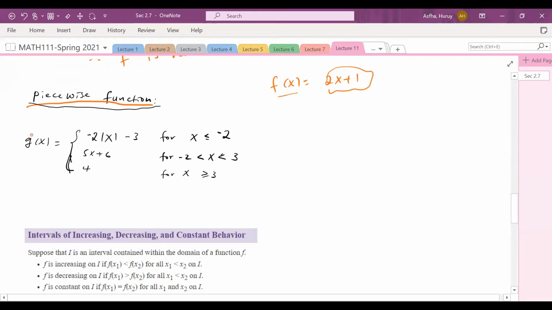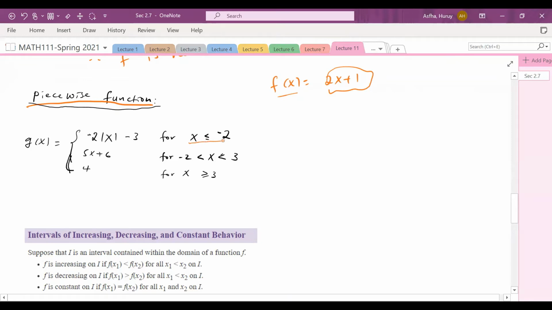In this case, the function g of x has different rules for different parts or intervals of the domain. As you can see, we split the domain into 3 parts.